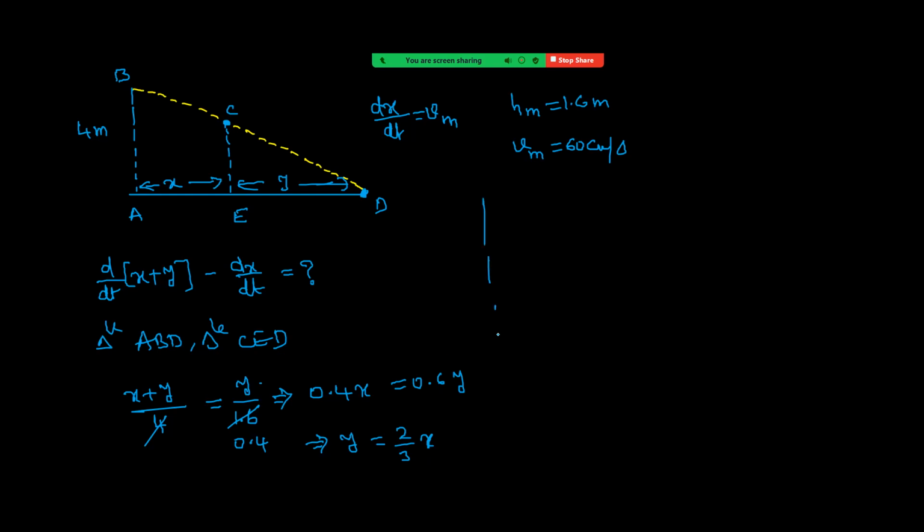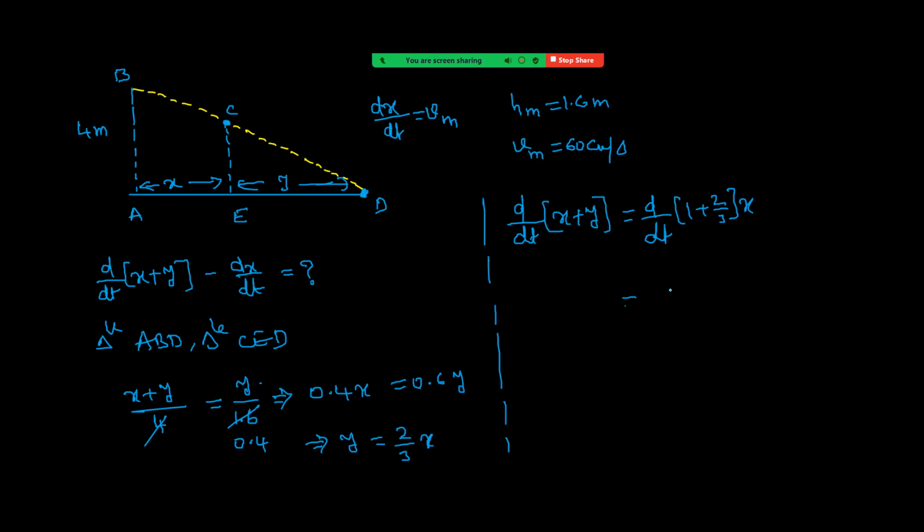Now see the calculation of d by dt of (x plus y). In place of y, I can write 2 by 3 x. So d by dt of (1 plus 2 by 3) times x.